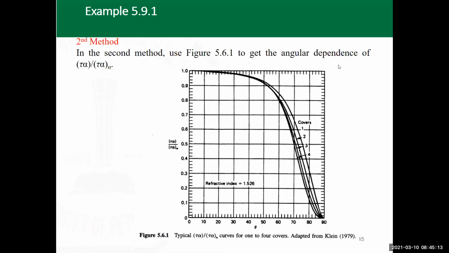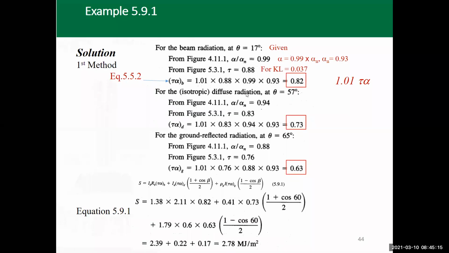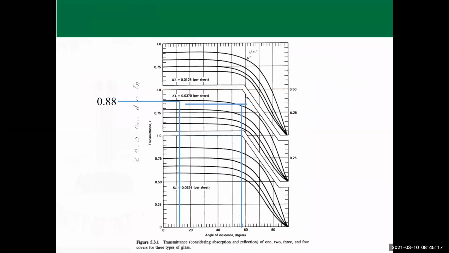Then we turned to figure 5.3.1 to calculate the value of tau. So this is the figure that we're referring to. And remember, here the glass type has been specified to have an extinction coefficient times the thickness, KL, which is 0.037.